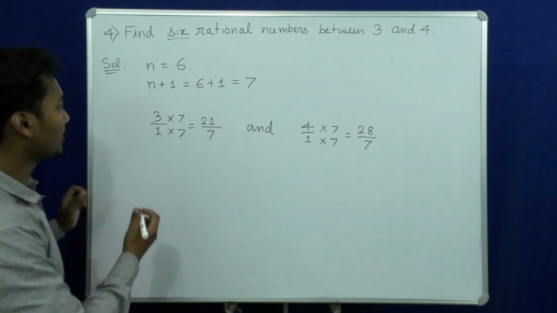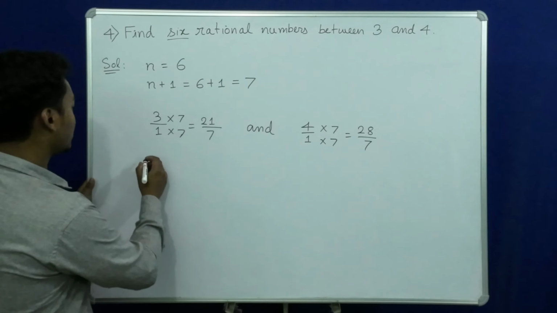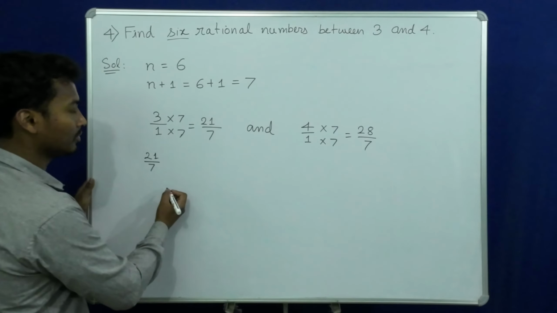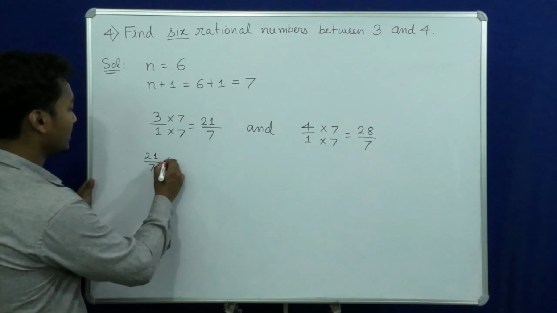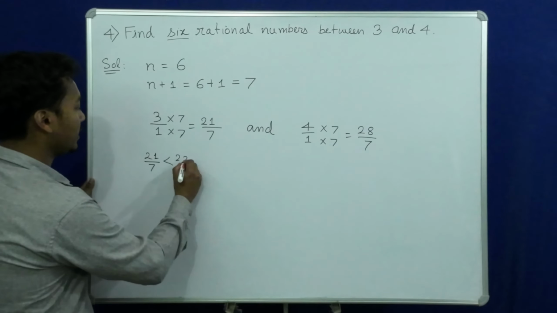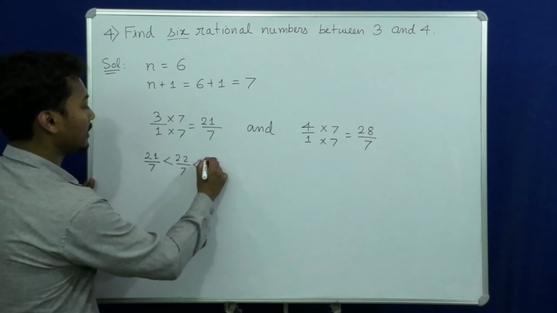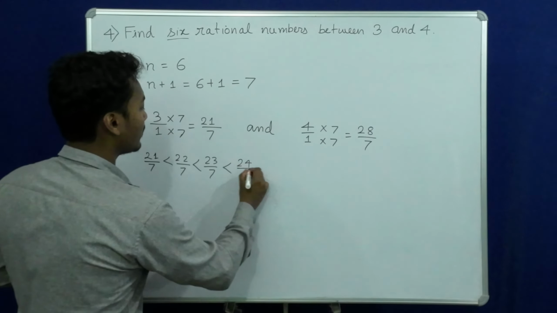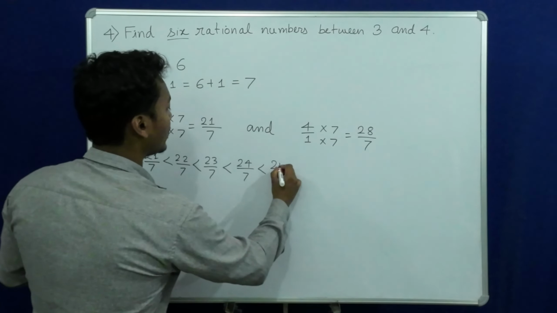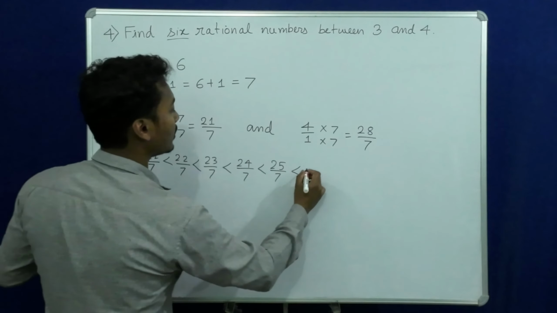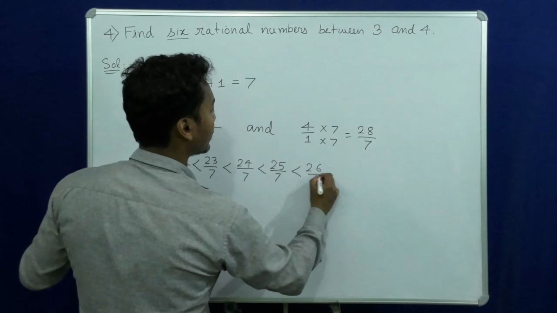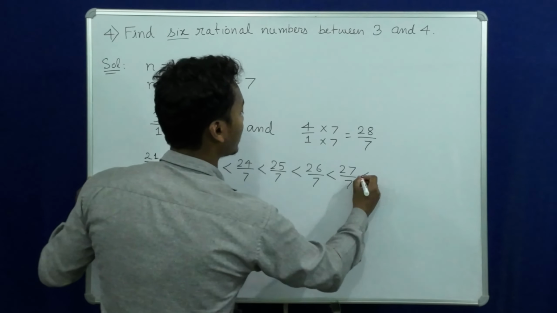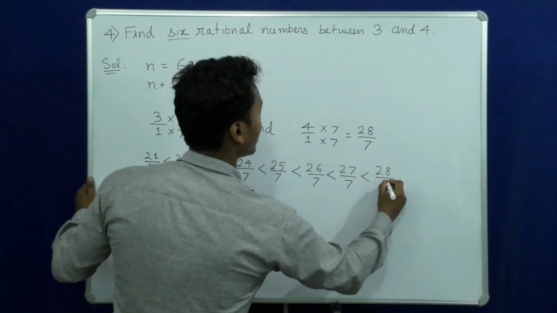So here we can say that 21 by 7 is less than 22 by 7, less than 23 by 7, less than 24 by 7, less than 25 by 7, less than 26 by 7, less than 27 by 7, less than 28 by 7.